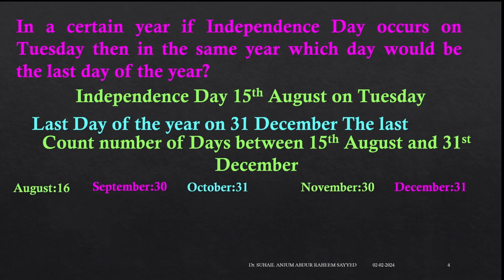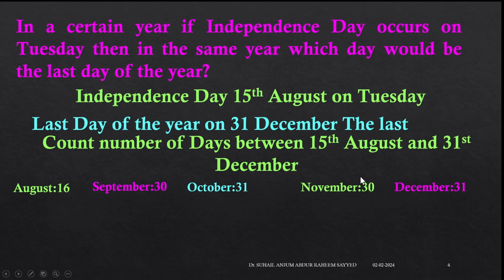First of all, August has 31 days, and therefore after 15 there will be 16 days of August. Then September will be completely counted. September has 30 days, so all 30 days will be counted. Then October has 31 days, all counted.